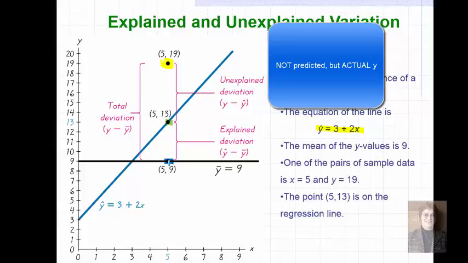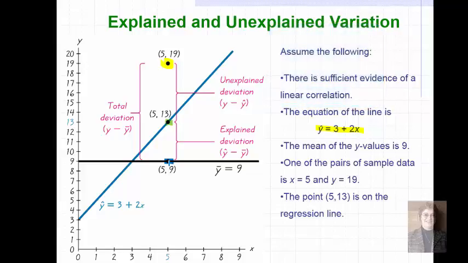And we would calculate that as part of our preliminary work. The unexplained deviation is between the actual value and the predicted value. And then the explained deviation is between the predicted value and the average value.